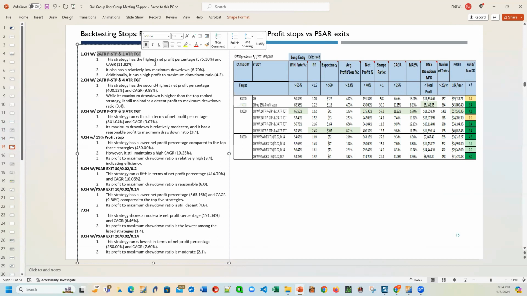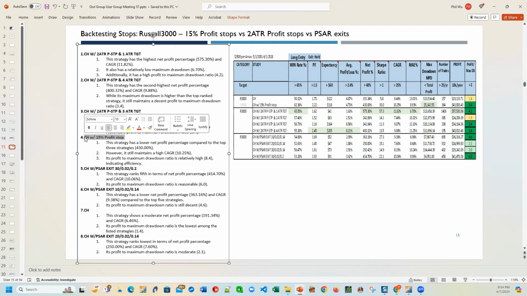It has the highest net profit and compound annual growth, and had a relatively low max drawdown. The second one was the one with 2 ATR and a 4 ATR target. Here's the 15% profit stop.